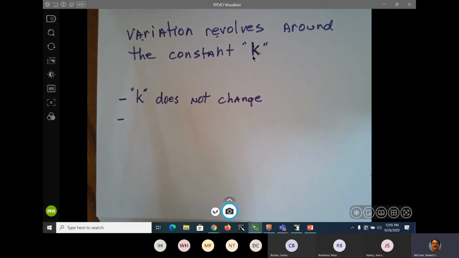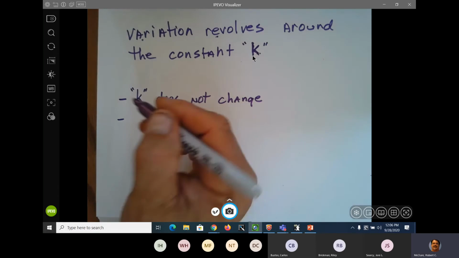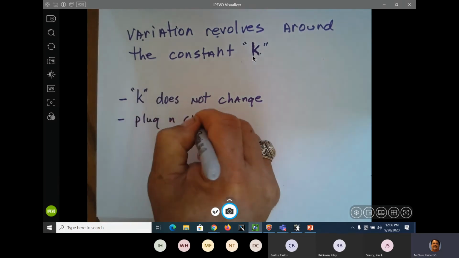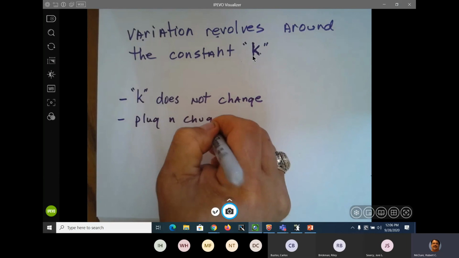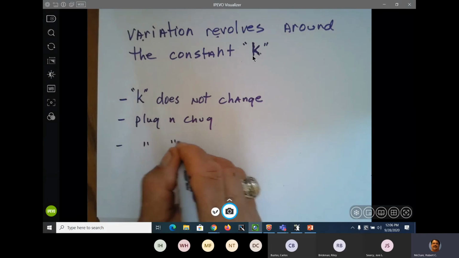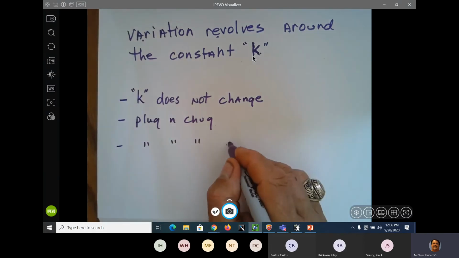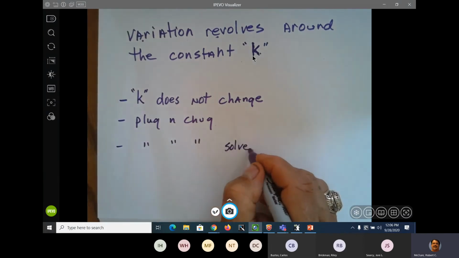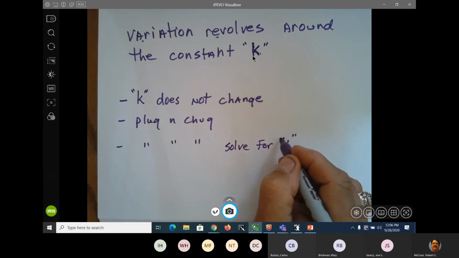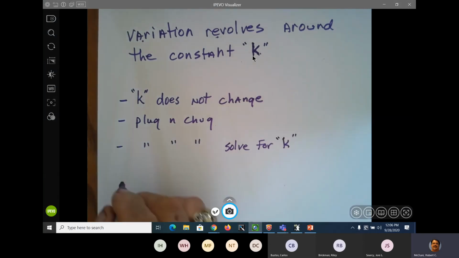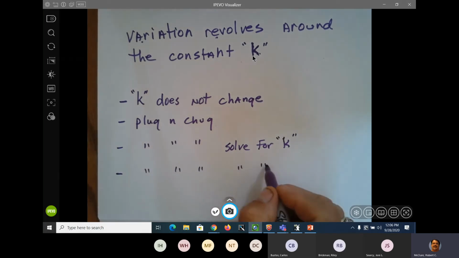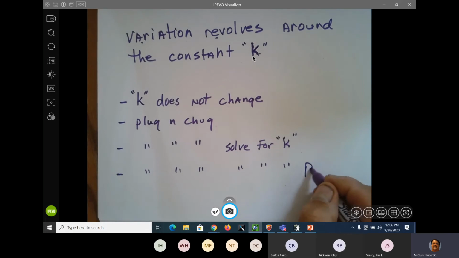What else do you need to know about these type questions? One, they're going to ask you to plug and chug. And that's it. The second type of question is plug and chug, and then solve for k. The third type is plug and chug, solve for k, and then plug back into the equation.